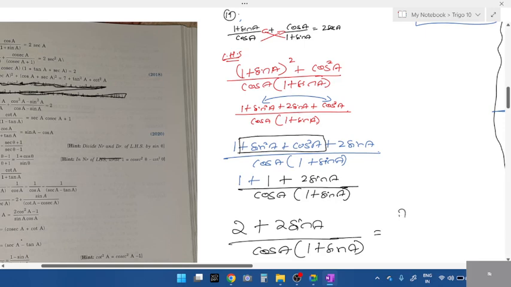What is common in the numerator, students? So you get 1 plus sin A divided by cos A, and 1 plus sin A gets cancelled.